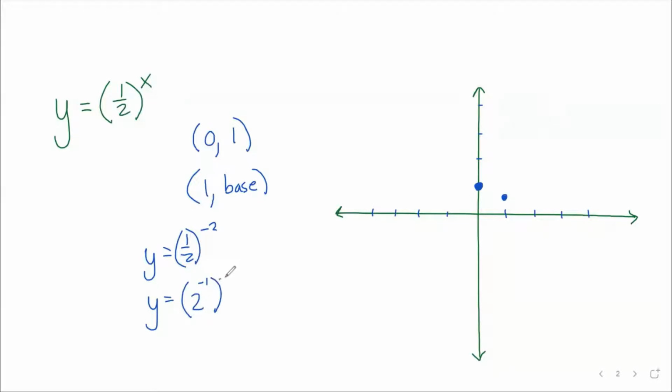That's 2 to the -1 to the -2. So that would be the same as, I could multiply those, 2 squared equals 4. So x was -2, y is 4.